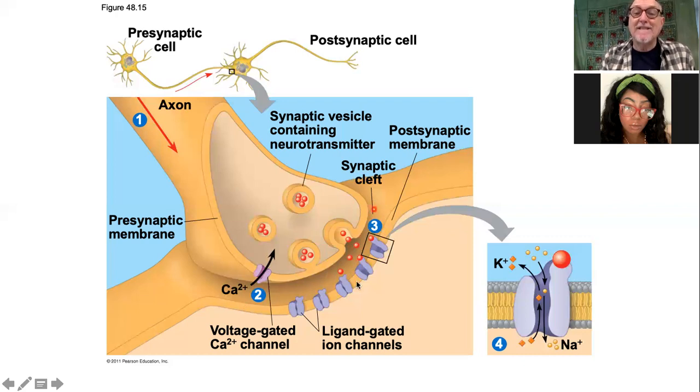This is referred to as the synapse. It's where one cell abuts on the other, and somehow the message has to be conveyed across the synapse to the succeeding cell.